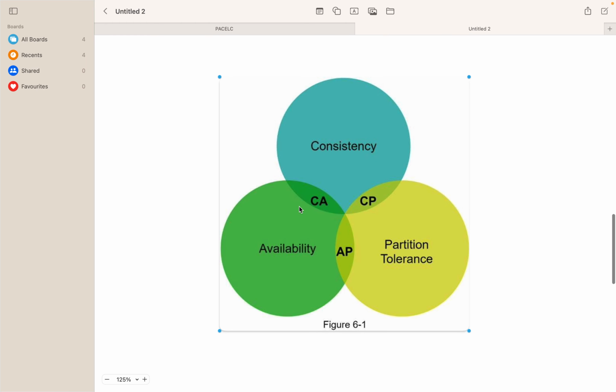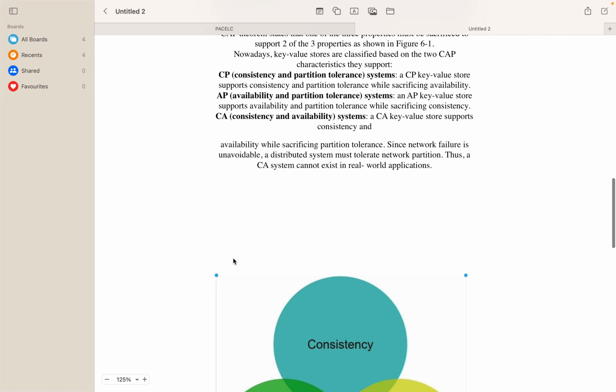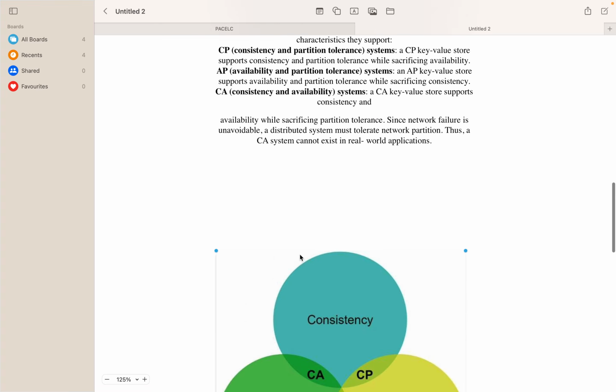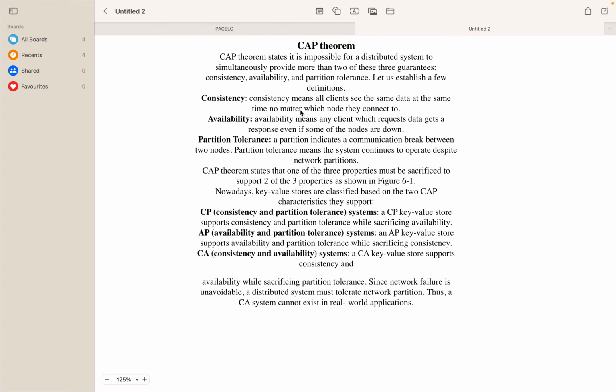Now availability, as the name suggests, something should be available. In a distributed system, availability means any client which requests data gets a response even if some of the nodes are down.